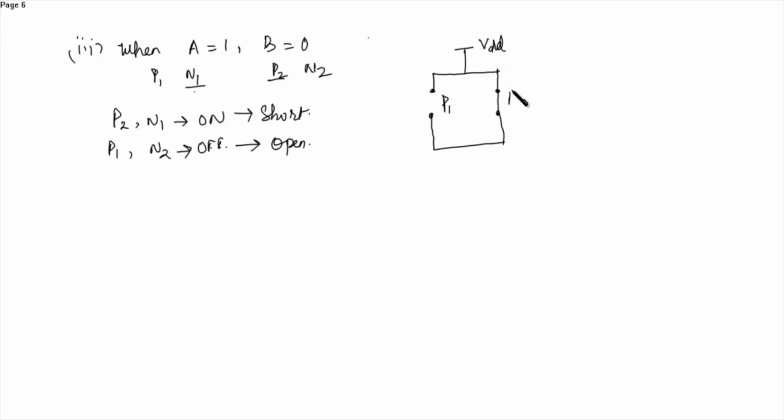This is P1, this is P2. Okay, these were in series. So P1 is open circuit and P2 is short circuit. This is P1, this is P2.